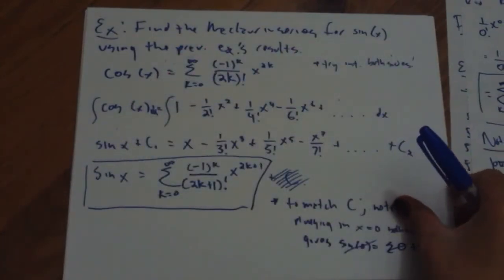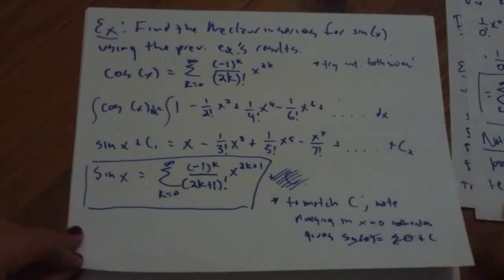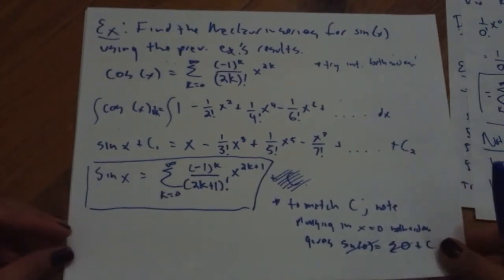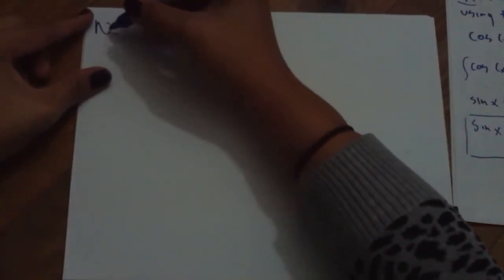Now, a fast comment here. We've said before, you can use these Maclaurin series and manipulate them to come up with other series. You can use Taylor series and manipulate them and come up with other series.